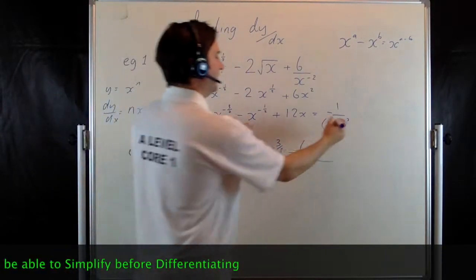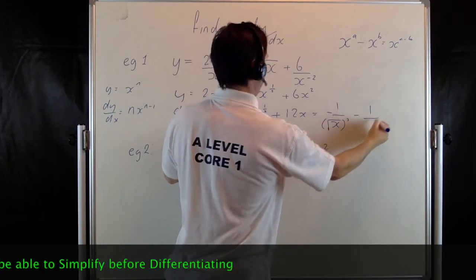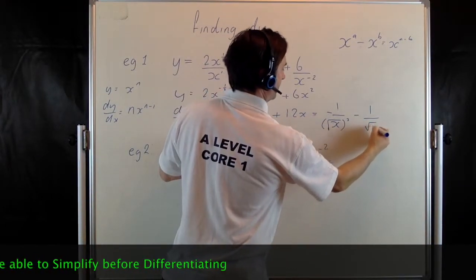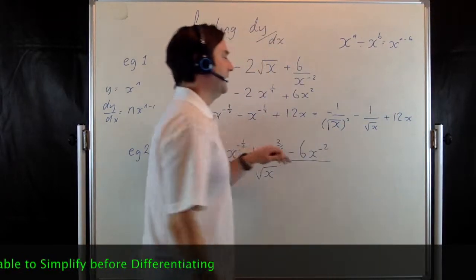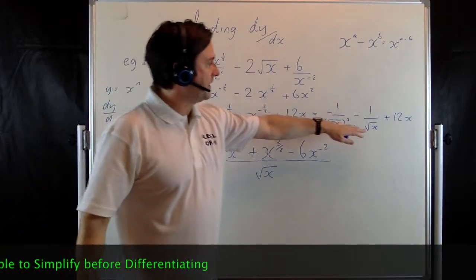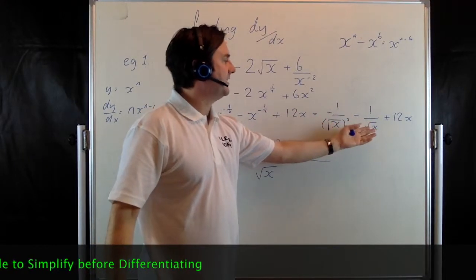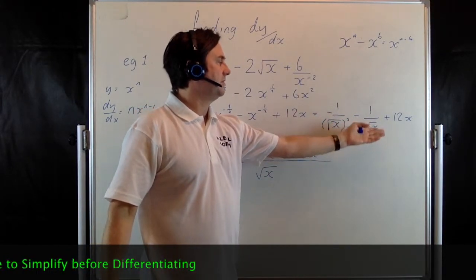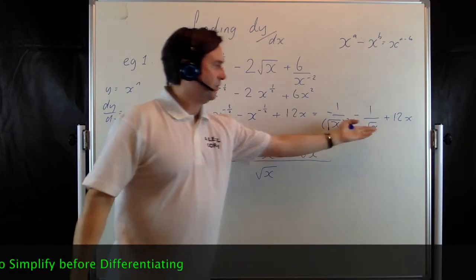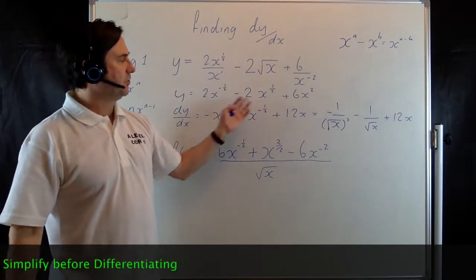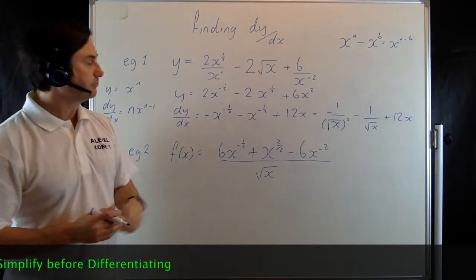And the second one would be negative 1 over root x, and then plus 12x at the end. This is obviously better if you want to put values for x into there, because you can clearly see that if x was 4, it would be 1 over root 4, 1 over 2, which is a little bit more difficult to spot if it's in that format.